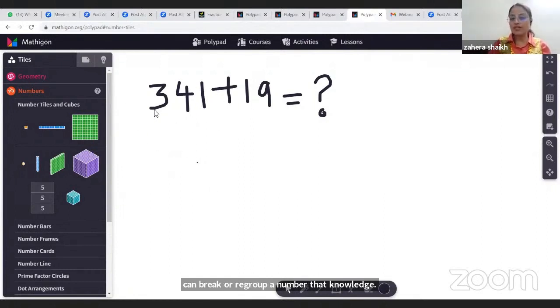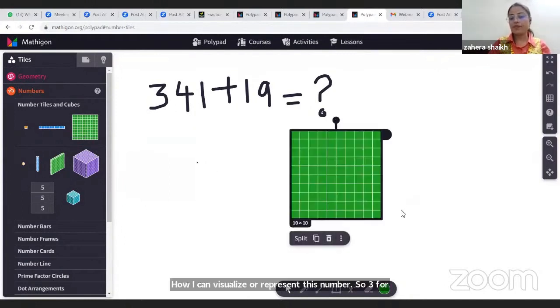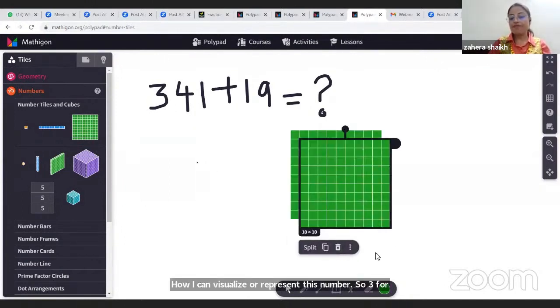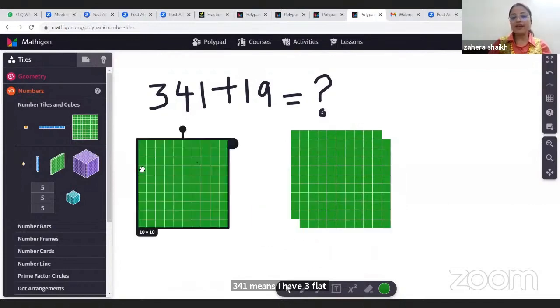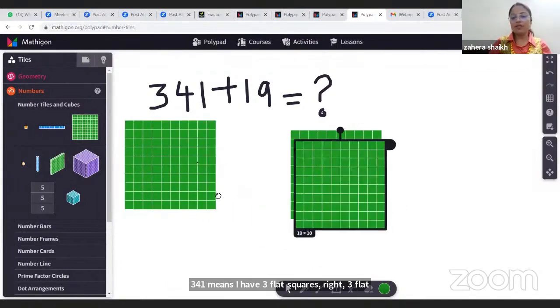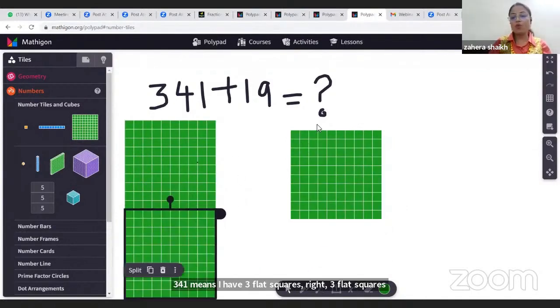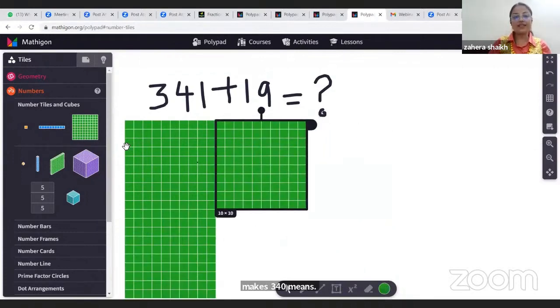First of all, I have to understand the visualization of this number, how I can visualize or represent this number. 341 means I have 3 flat squares, right? 3 flat squares make 300, and 40 means I have to drag 4 towers of tens, right?